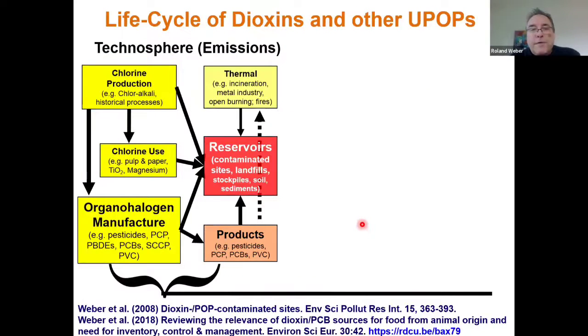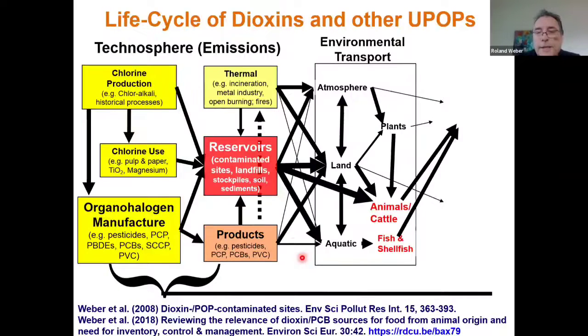Coming to the life cycle of dioxins, yes, we have different emission sources, like the thermal sources, incineration, but like I said, a very big contributor were chlorine production, organochlorine production. From there, it comes into products like the pesticides, and then from there, it either goes to landfills, or like for the pesticides, is directly applied to the land, going to the aquatic, to the rivers.